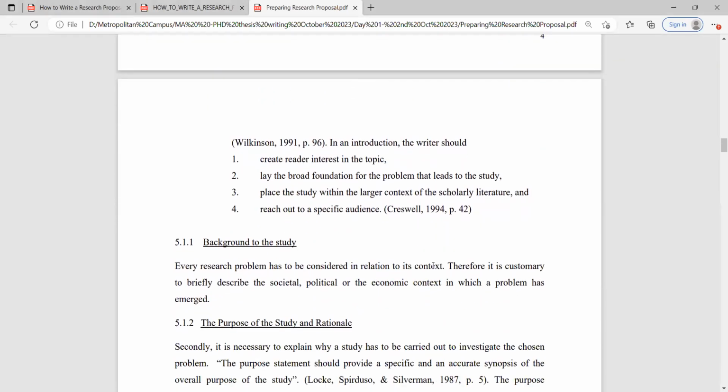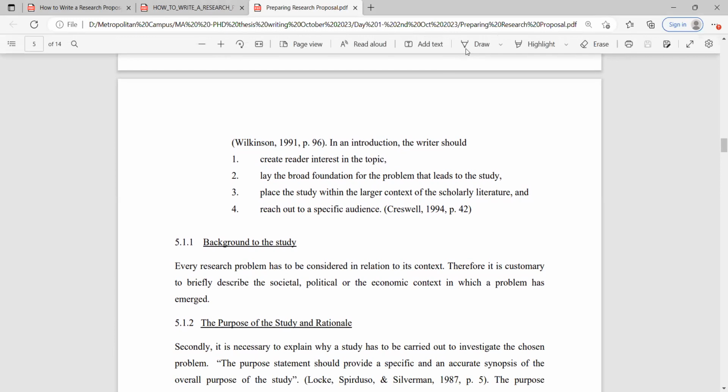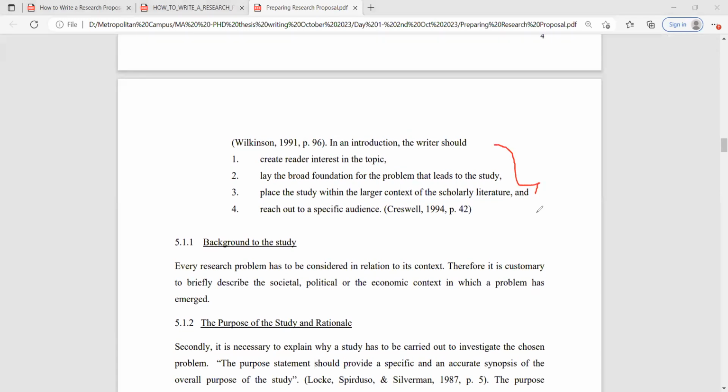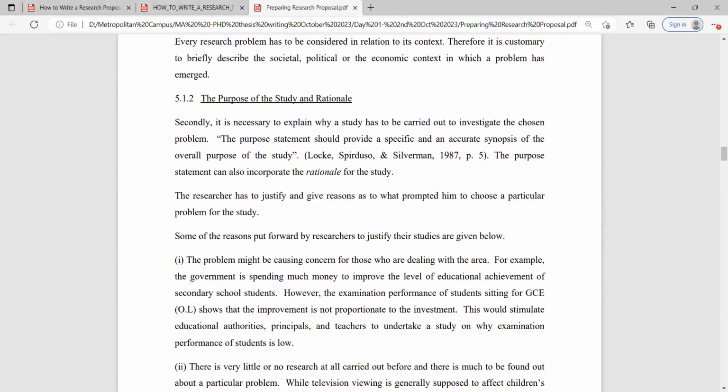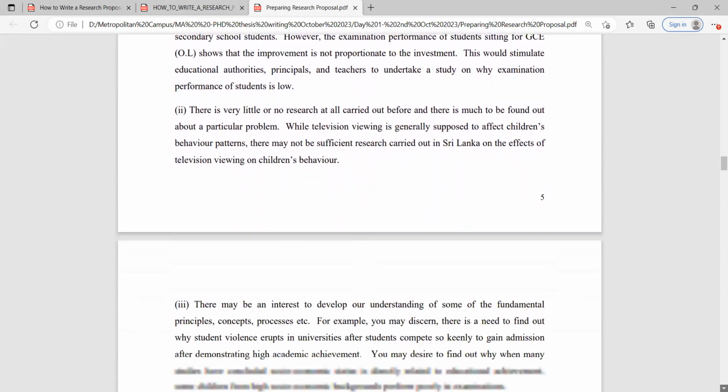There you have to create reader interest in the topic and give a broad foundation for the problem. And you have to think about your specific audience. So you include the background of the study and the purpose and rationale of the study. Very clearly she mentioned how you have to take it, so you can read it and get a very clear picture of how to include your justification.